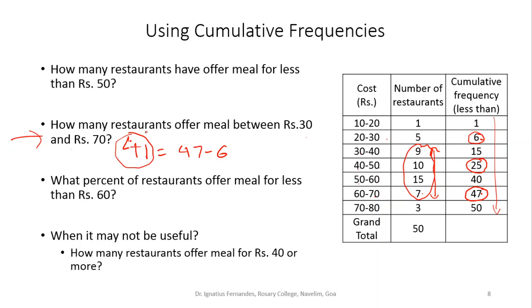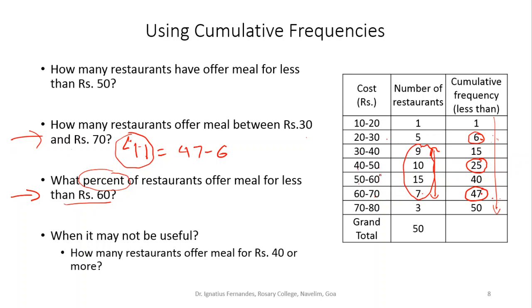When you have a large frequency table, then there is no need to manually add all the frequencies. You can just look at the values in the column of cumulative frequencies and you can answer that question. The same way, if I go to this question, what percent of restaurants offer meal for rupees less than 60? Now this question is only in terms of percentage. So first I'll look at how many restaurants offer meal for rupees less than 60.